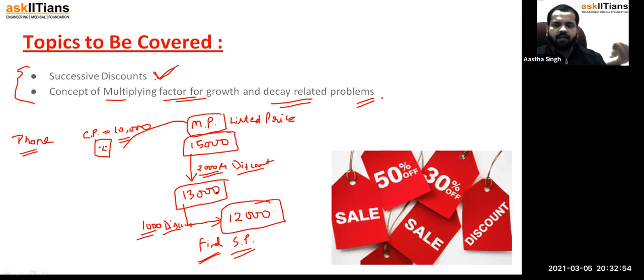Then again he gave you an offer: generally shopkeepers do this, if you pay via credit card or any digital payment, you will be given a thousand more discount. So this is your final SP. I think you got the point about successive discount. We'll do questions based on it, and the concept of multiplying factor for growth and decay problems we will do later.